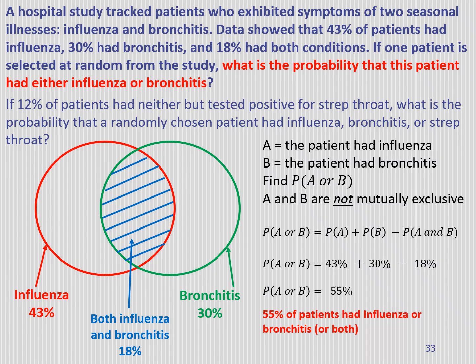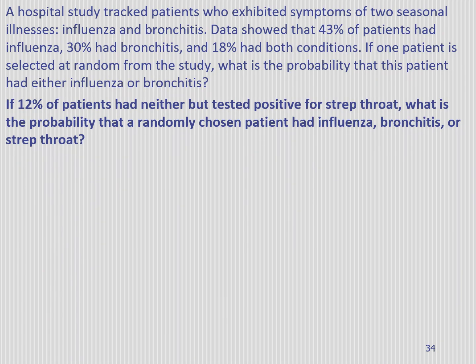Now, let's move on to the second part of the problem. If 12% of patients had neither, but tested positive for strep throat. So now we're looking at event A, event B, and event C. So A, B, and now we have a third event, strep throat.